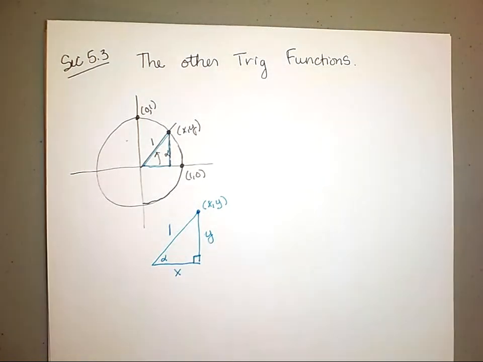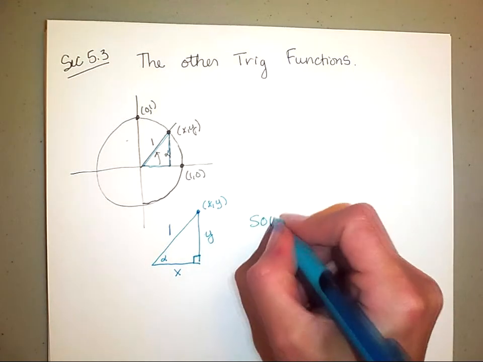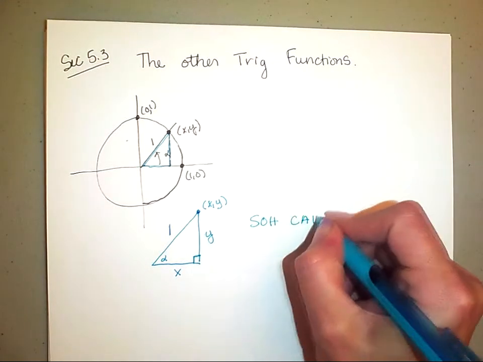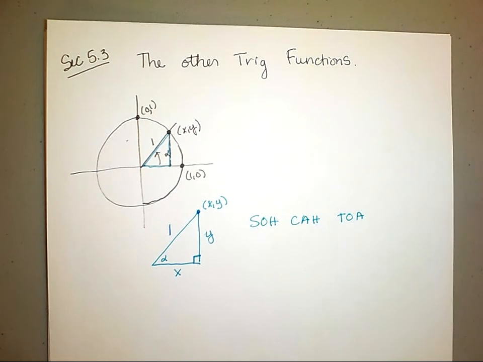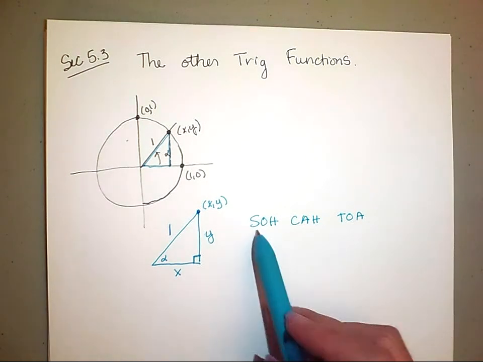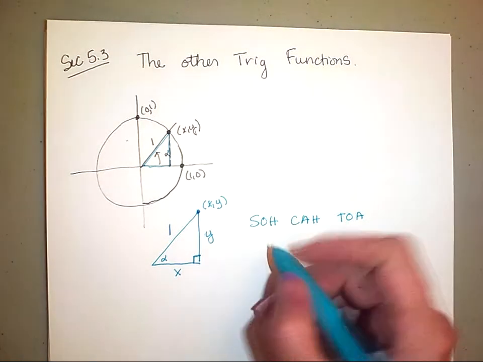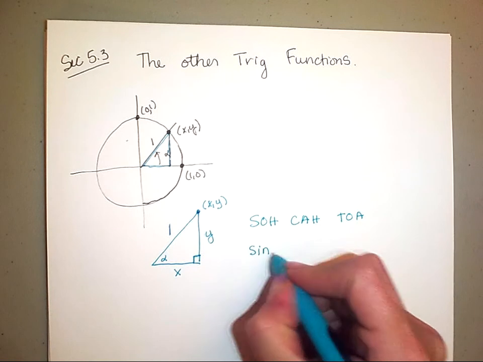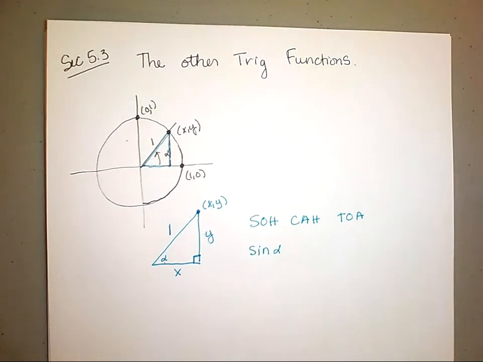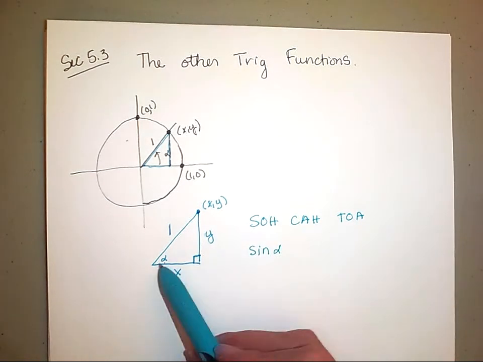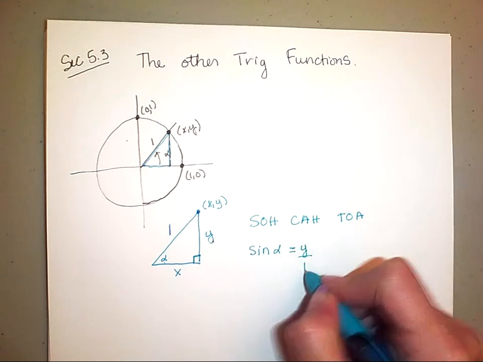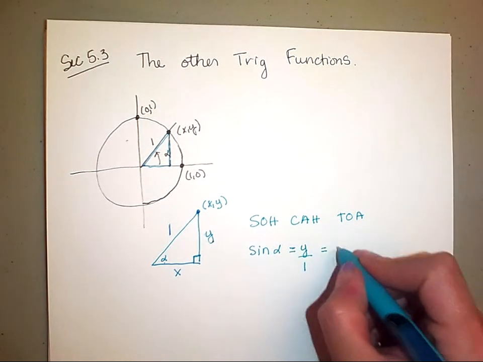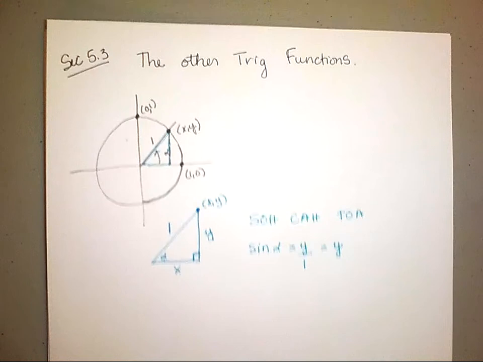Here's our angle alpha. And some of you remember SOHCAHTOA from our high school geometry classes, trigonometry classes, okay? This means that the sine of the angle, in our case alpha, is equal to the opposite over the hypotenuse, which is just 1, which is by definition what we said sine was yesterday.